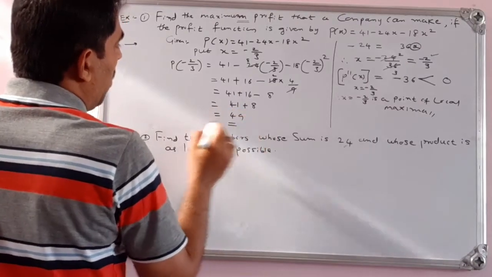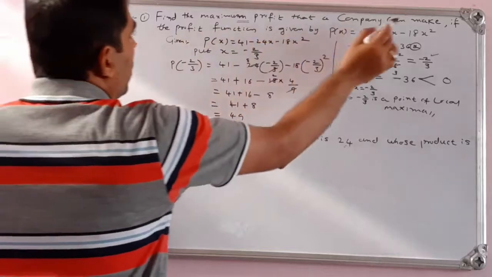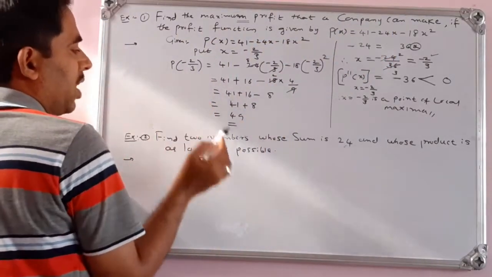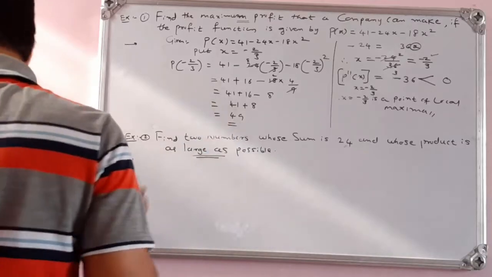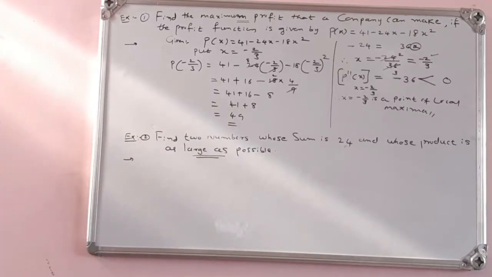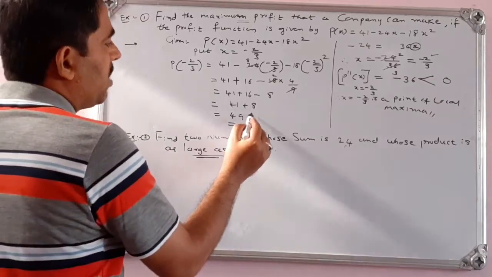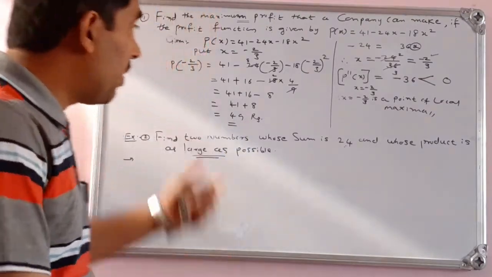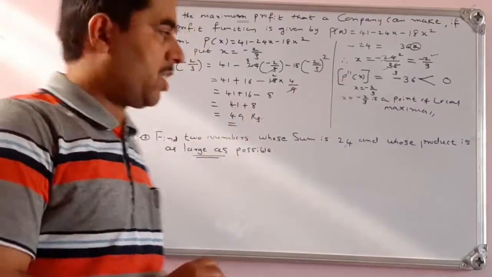Maximum profit happens at this point, minus 2 by 3. So maximum profit is 49, you can write it 49 rupees. So this way we can make use of the second derivative test.